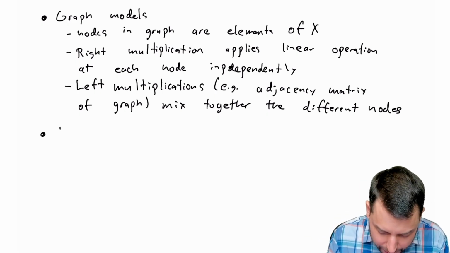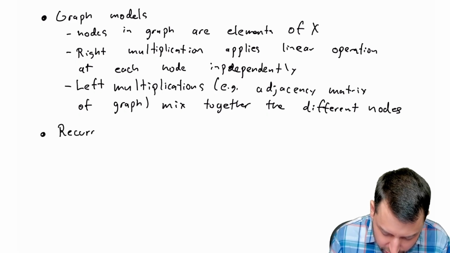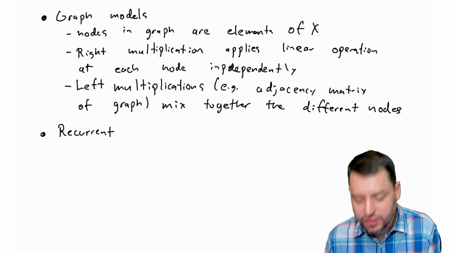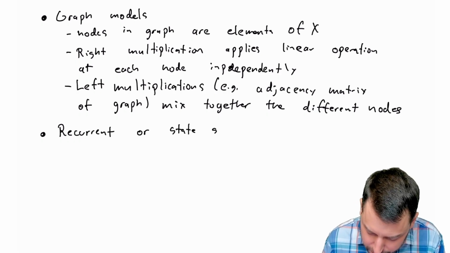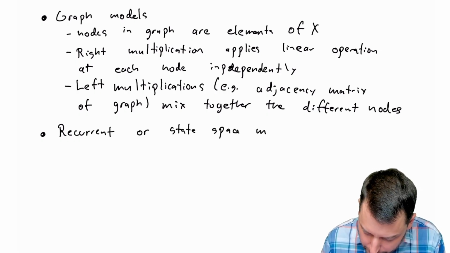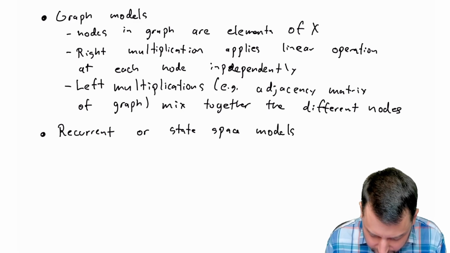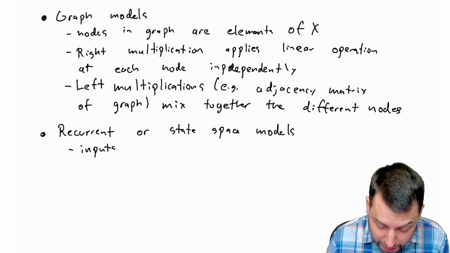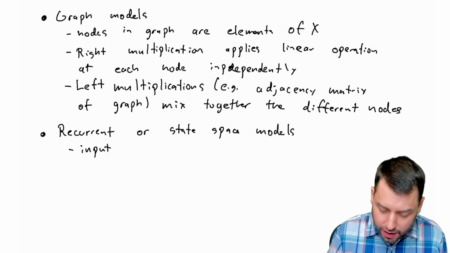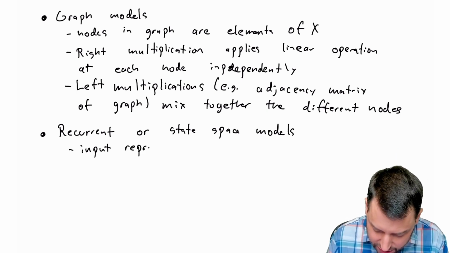Finally, I'll also talk about recurrent models, or their modern incarnation, which is what are called state space models. Here, the input represents some sequence, and these can also be applied to language models, by the way.